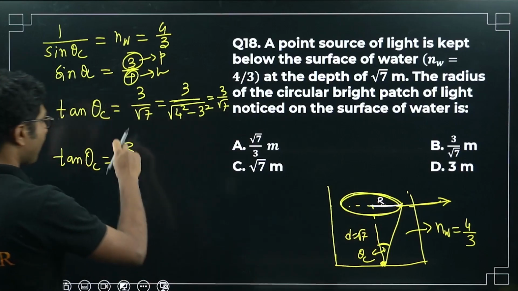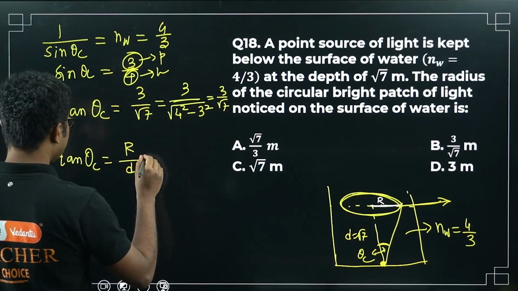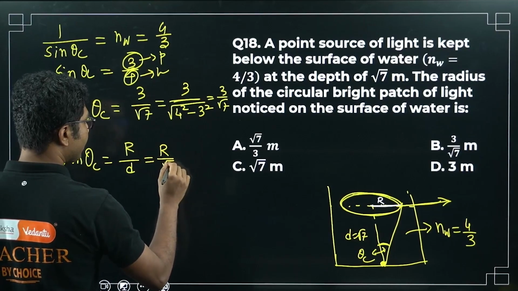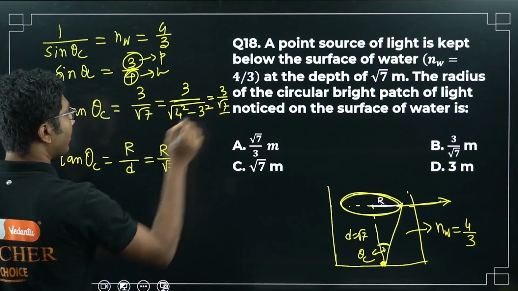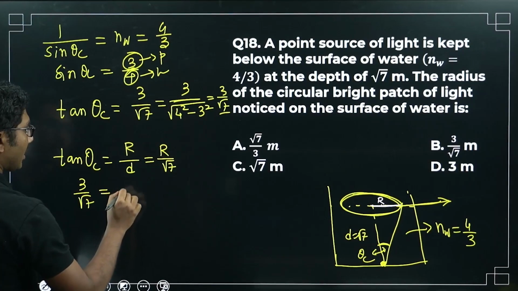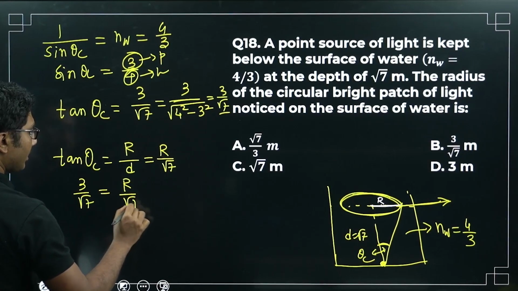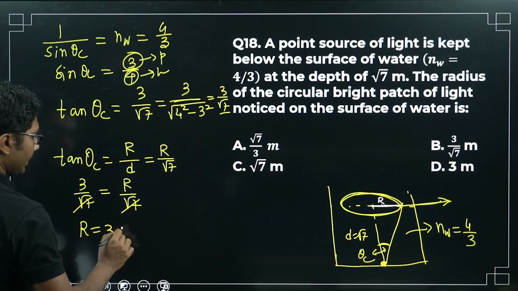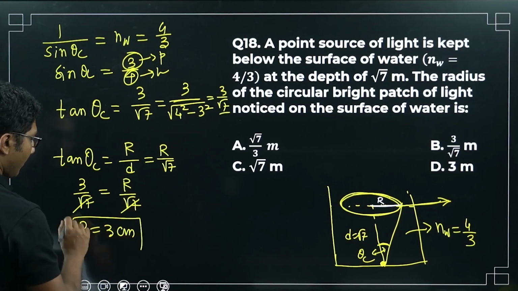So R by D. R is what we are trying to find, D is given as root 7, and tan theta C we have already calculated, 3 by root 7. So 3 by root 7 equals R by root 7, the root 7 cancels, so R equals 3 centimeters.